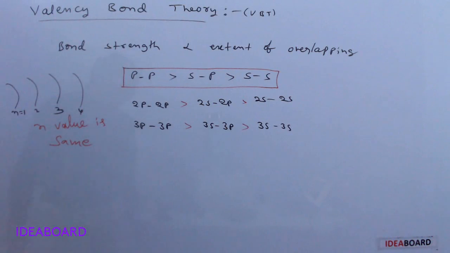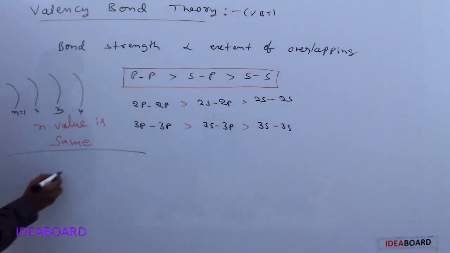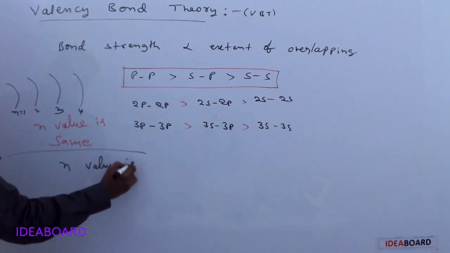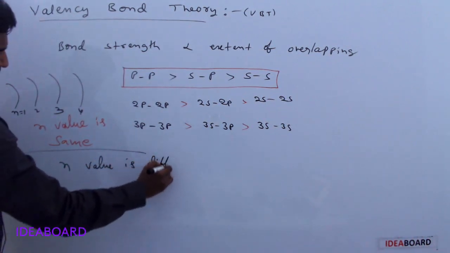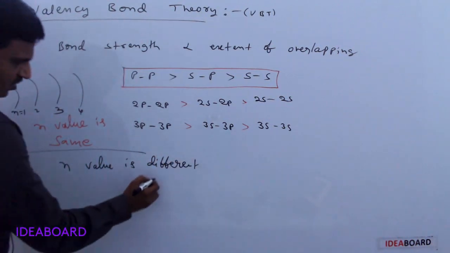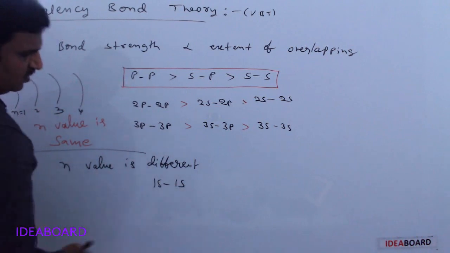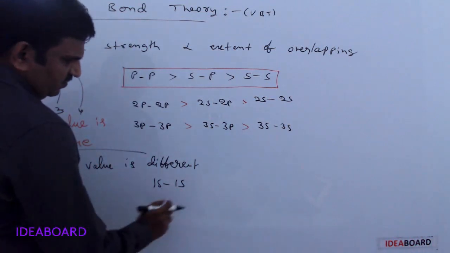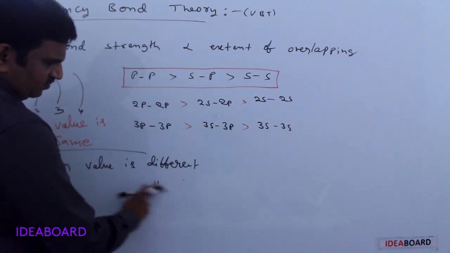than 2s 2s orbital. If n value is different, suppose this is another case, then please remember 1s overlapping is always stronger.